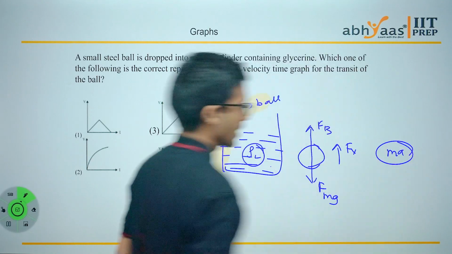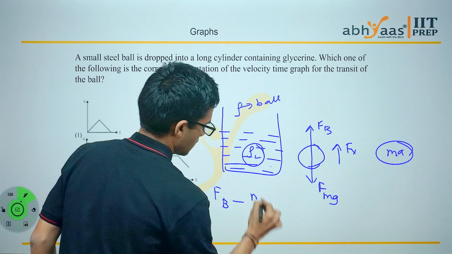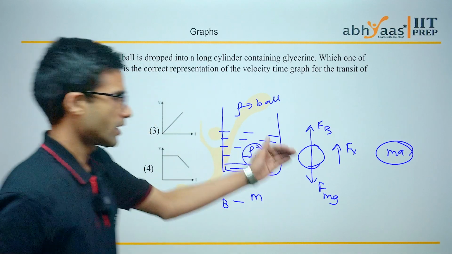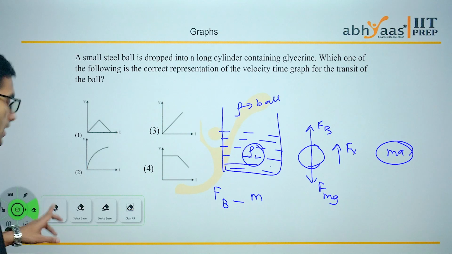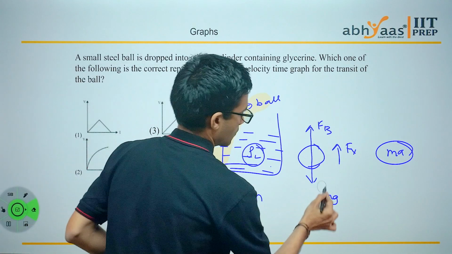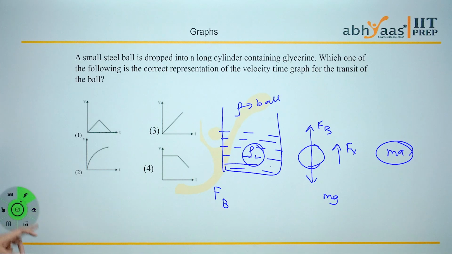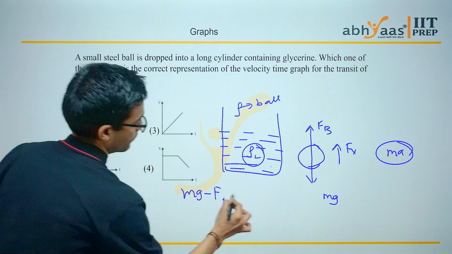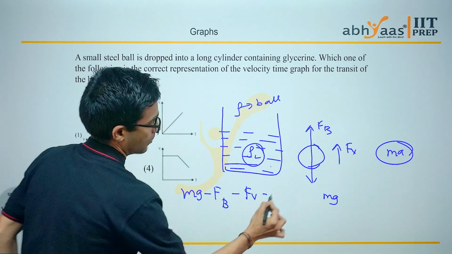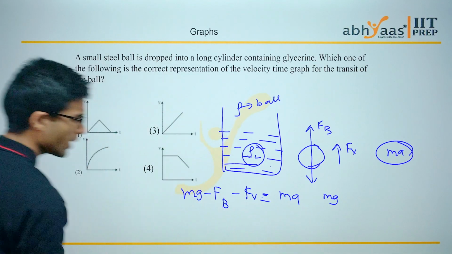According to this, the ball is going downwards, which means the weight force is more, that's why mg minus FB on the top is equal to the pseudo force, ma.